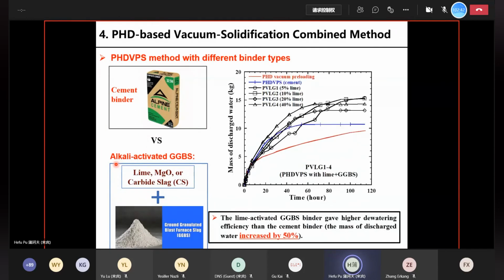This figure shows the mass of discharged water, and the blue curve is for the cement as a binder, and the black curves are for the lime activated GGBS. You can see that more water was sucked out. The mass of discharged water can be increased by 50% when we replace the cement binder with GGBS binders.